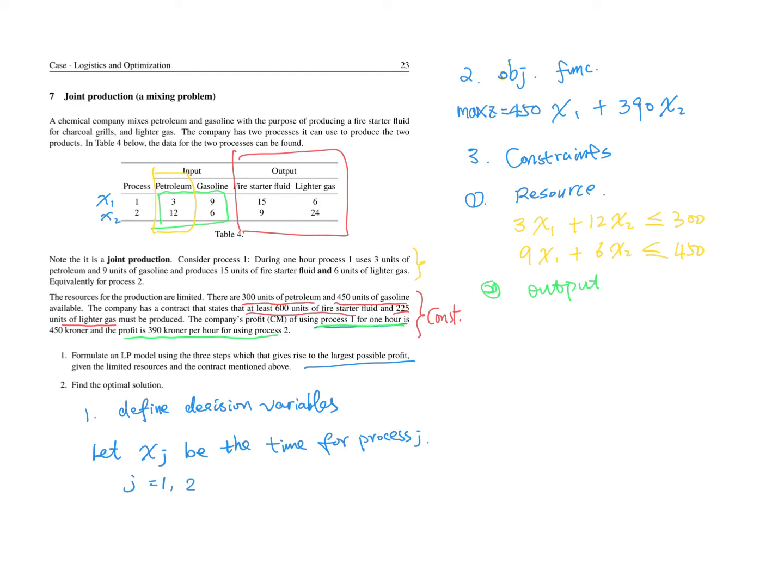Then if we only focus on the fire starter, now you know your output from 2 processes is 15x1 plus 9x2, which should be greater than or equal to 600 units. And then for the lighter gas, you should have 6x1 plus 24x2 greater than or equal to 225 units. So that's a constraint.